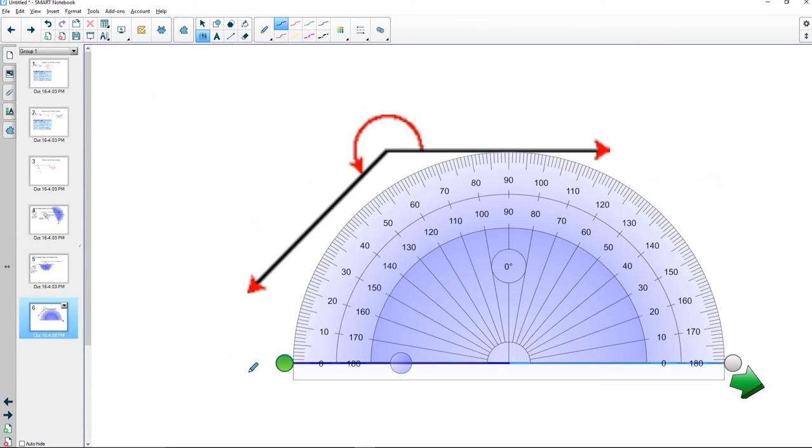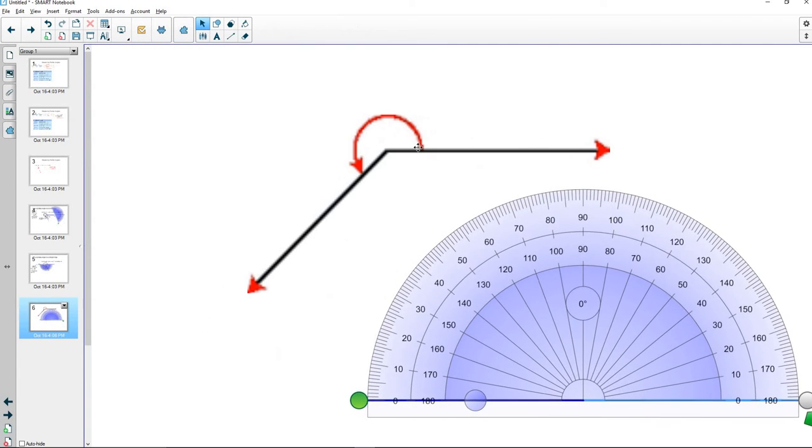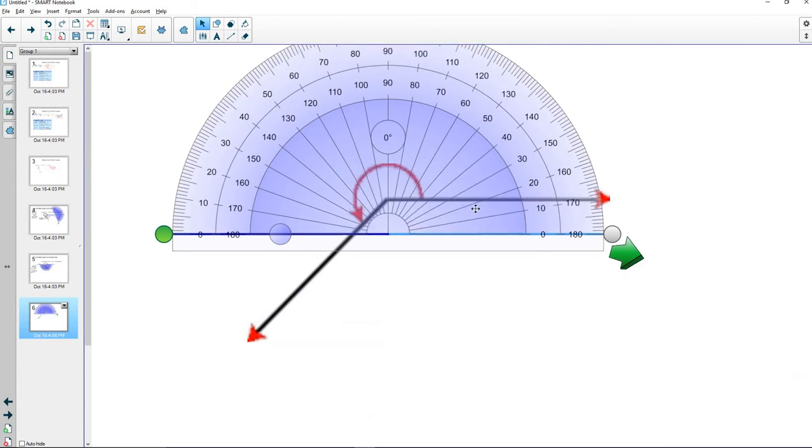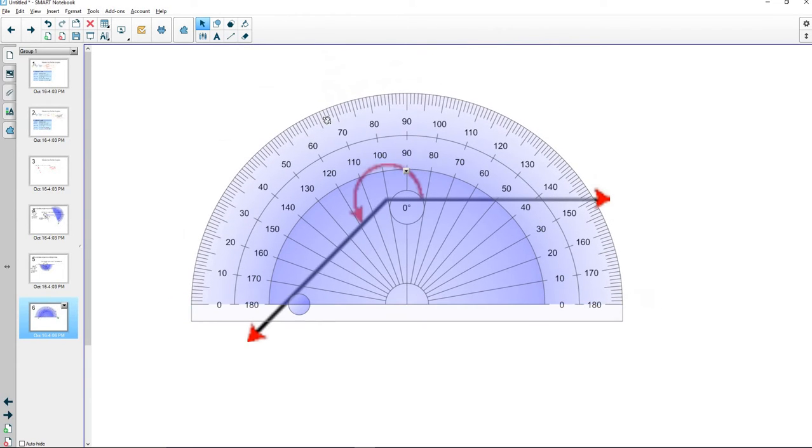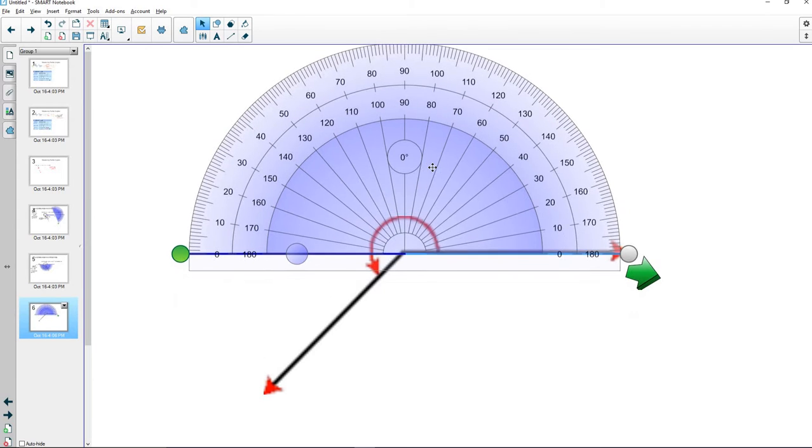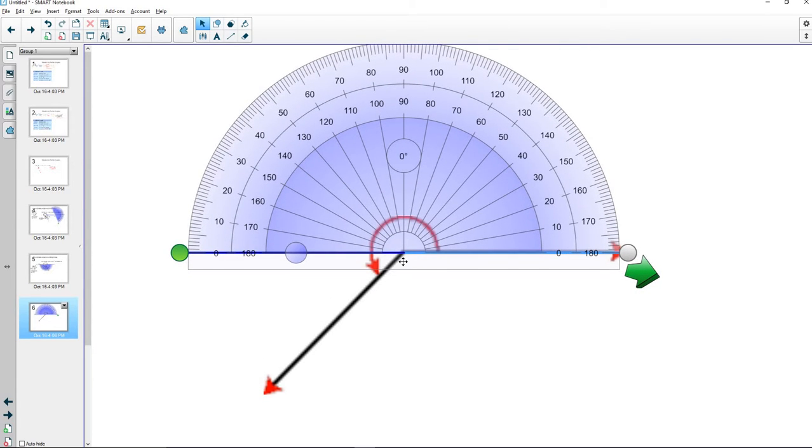Alright, so now I'm going to show you one more example of each of them. Okay, so let's put the protractor onto the dot, onto the vertex, and along the ray, or line as it's sometimes called.